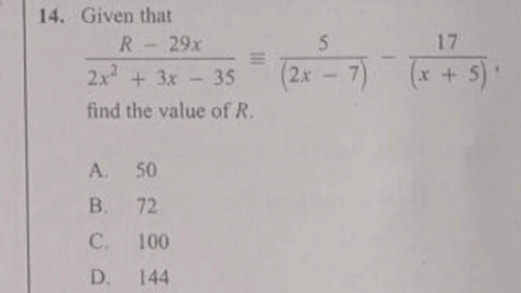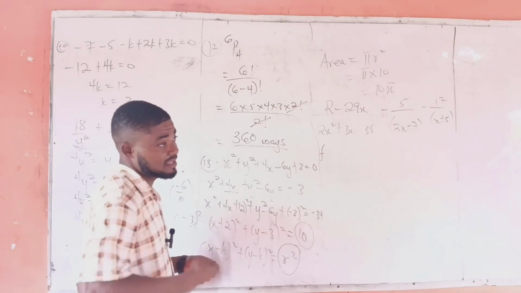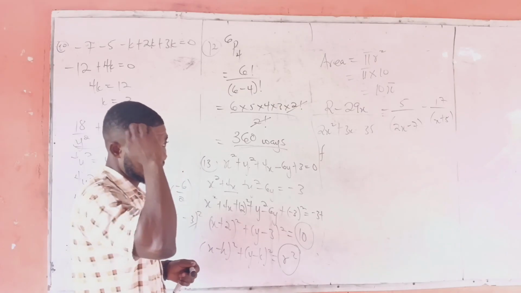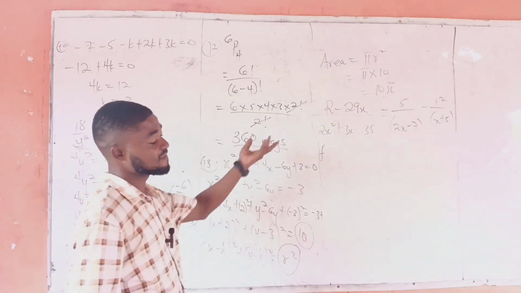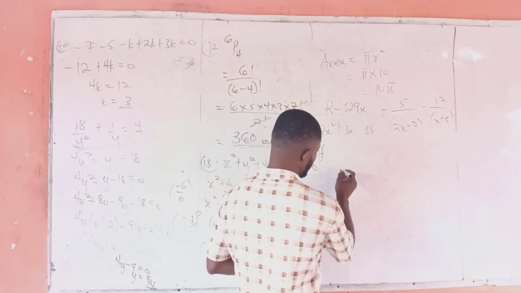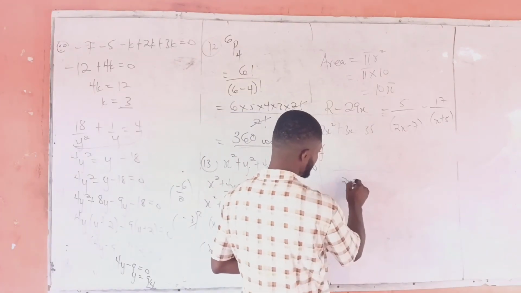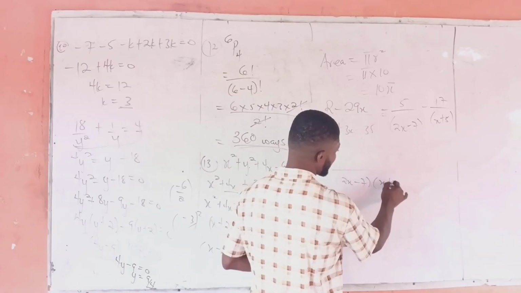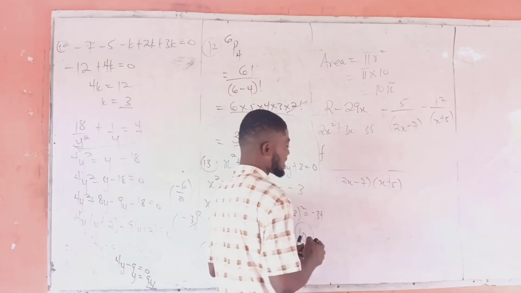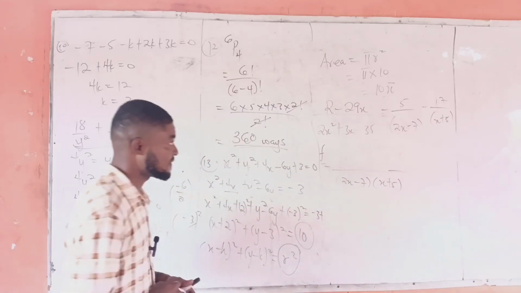So 5 on 2x minus 7 against minus 17 on x plus 5. Now the denominators are supposed to be the same. And so we can work on the right hand side and then compare to the left hand side. So working on the right hand side, we have the LCM, 2x minus 7 against x plus 5.